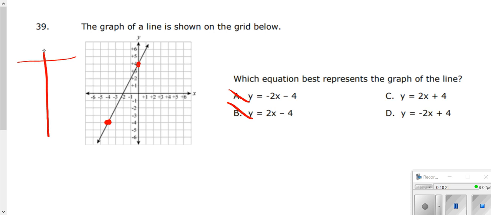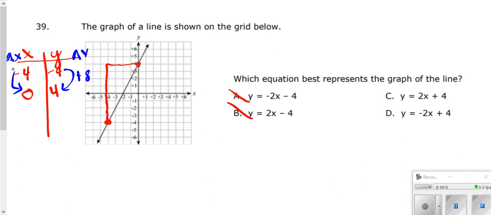If I collect this in a table, you can use your slope triangle or a table. I have a point that is at -4 and -4, and I have a point that's at 0 and 4. So my change in y is +8, and the change in x is +4.